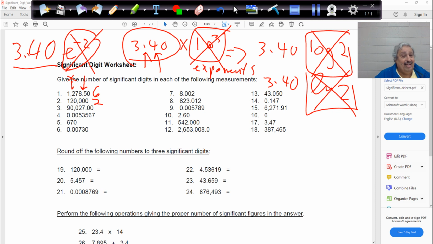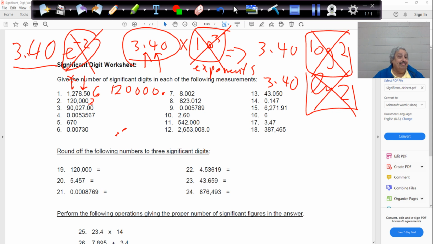Now, what if I'm playing smart and I add a decimal here? So if I add a decimal here, now it's 2 years, correct? This is 2, correct? But I say it's 1, 2, 0, 0, 0, and then I put the decimal here.